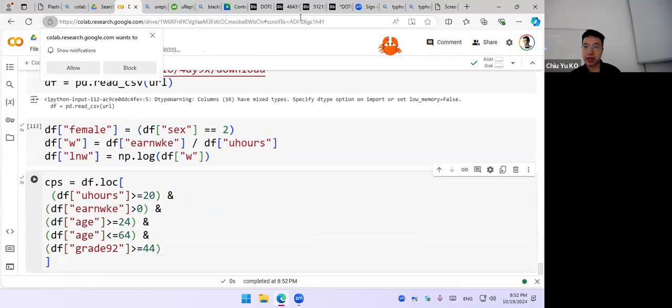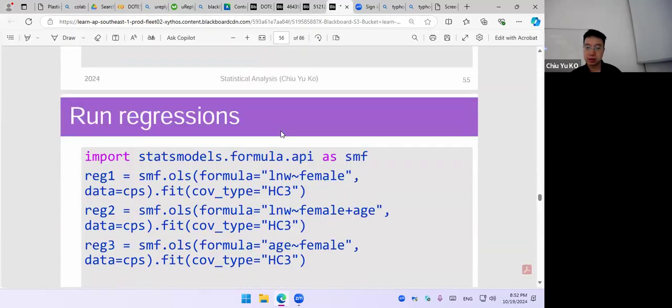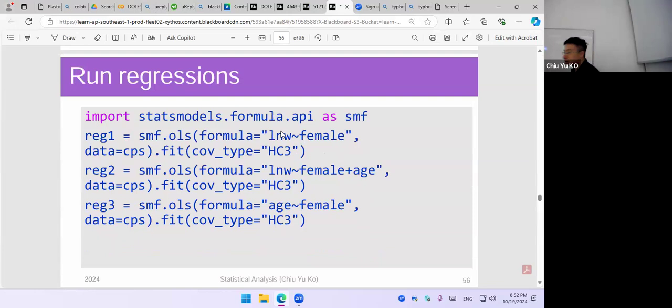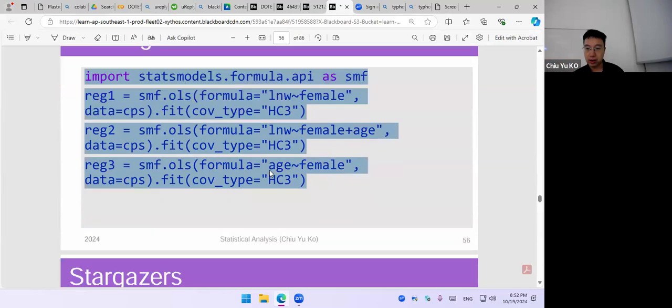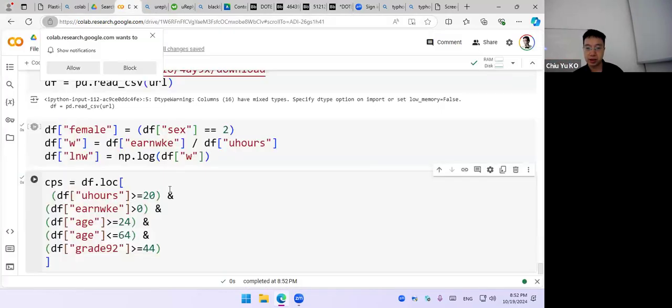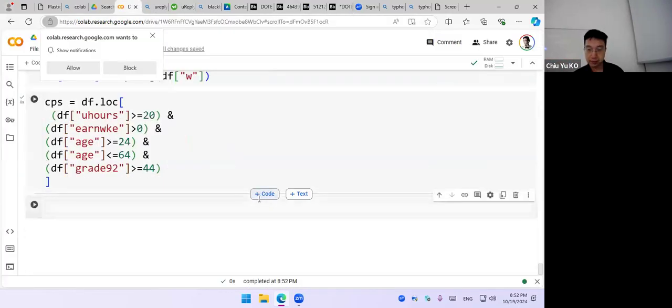So once we figure that out, we run the regression. And let me do the run again. I don't like what we are doing, so let me change the regression a little bit.